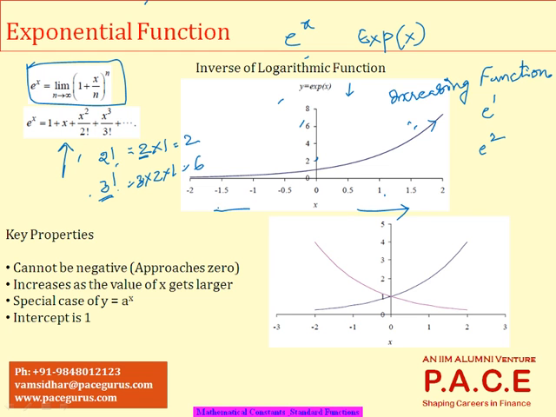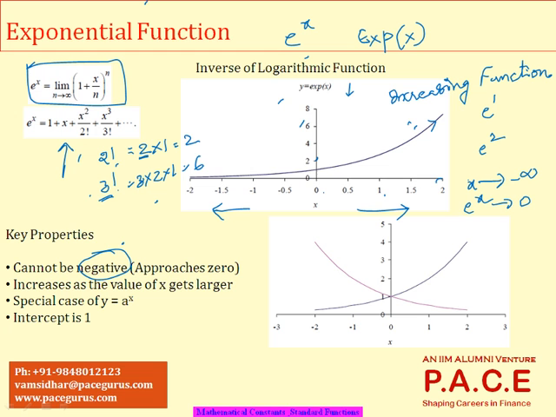As you are seeing that as x is decreasing and decreasing, the value of e to the power of x is just coming closer to 0, but it's not becoming below 0, which means it can never be negative. e to the power of x can never be negative, but it can only be approaching 0. So the other way of writing this is, as x tends to minus infinity, e to the power of x tends to 0.